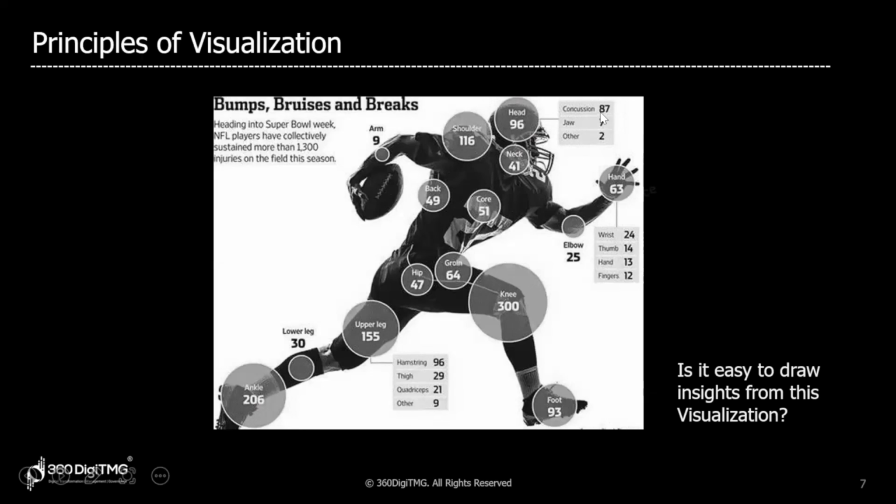But out of that, 87 injuries are concussion, 7 jaw injuries, 2 other. So wherever required, it is also allowing us to do a deep dive. That should be the goal of data visualization, to present a high level picture at a glance, and at the same time to allow a drill down, to go deeper into that data if necessary.